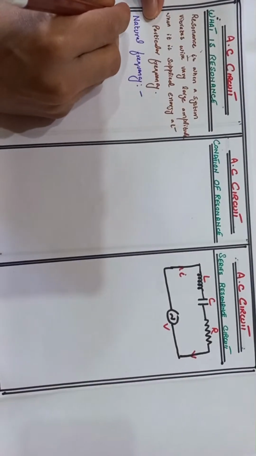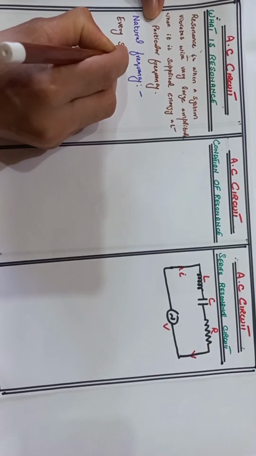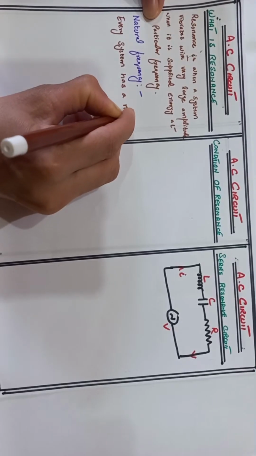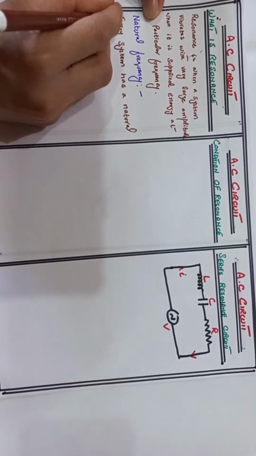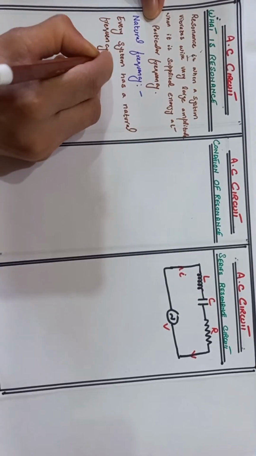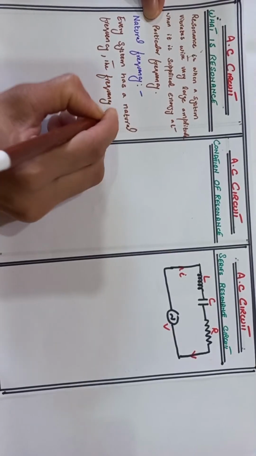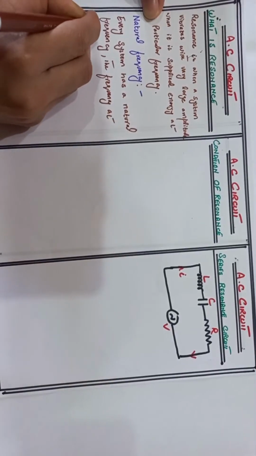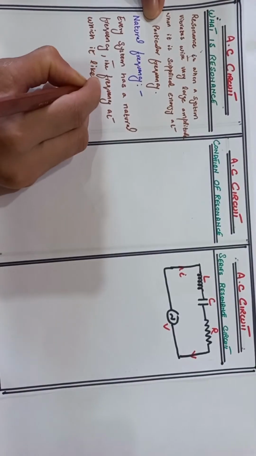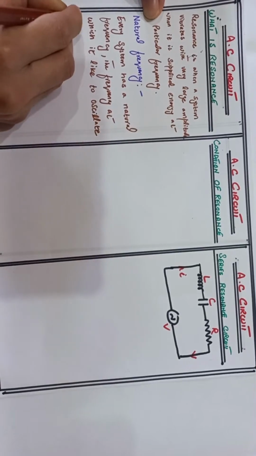Every system has a natural frequency, the frequency at which it likes to oscillate. That is called the natural frequency. So here we write: every system has a natural frequency, the frequency at which it likes to oscillate.